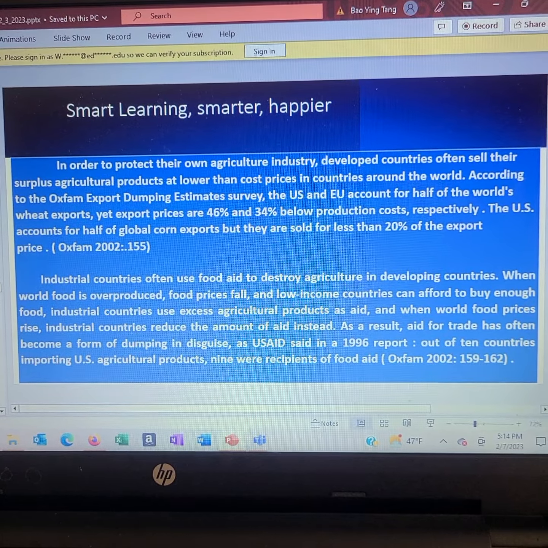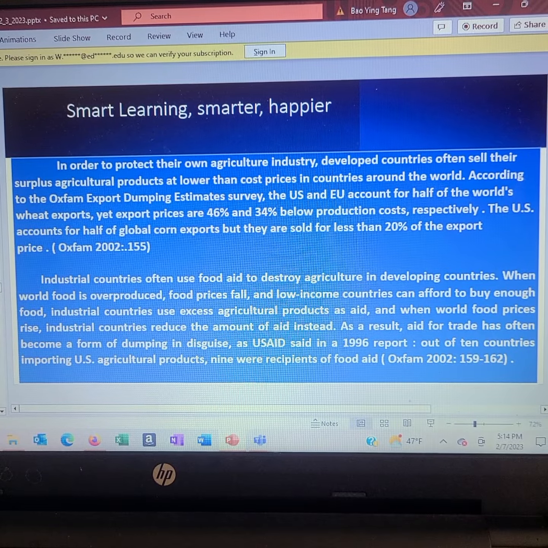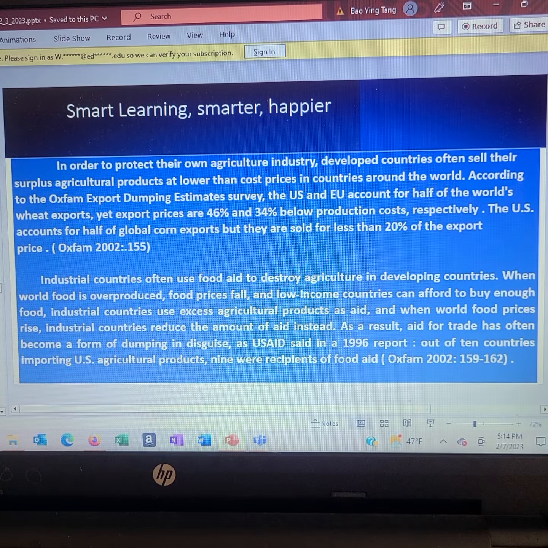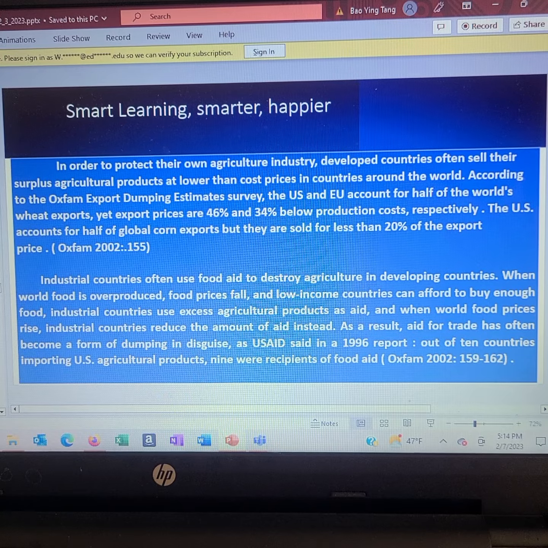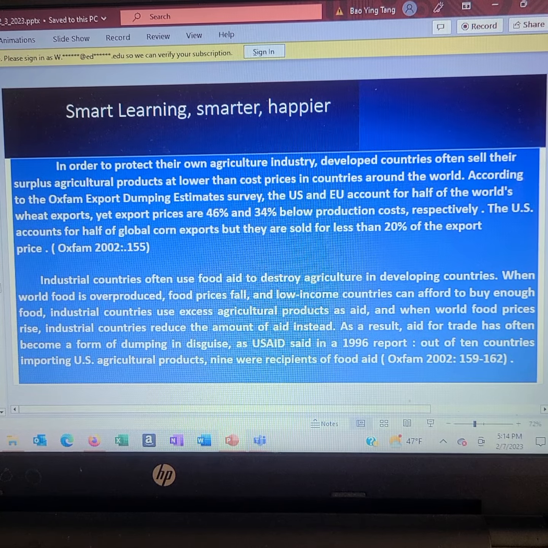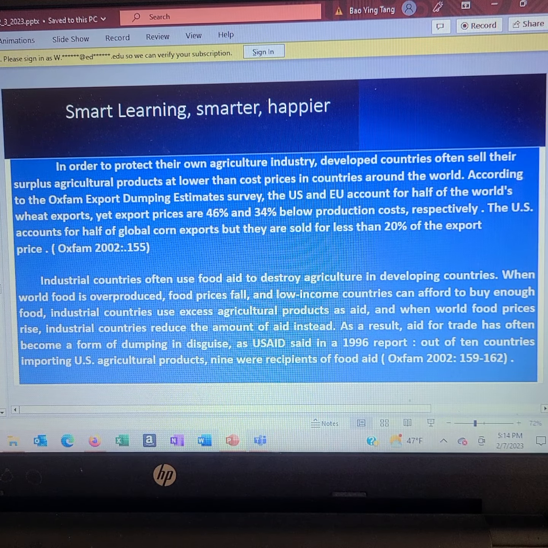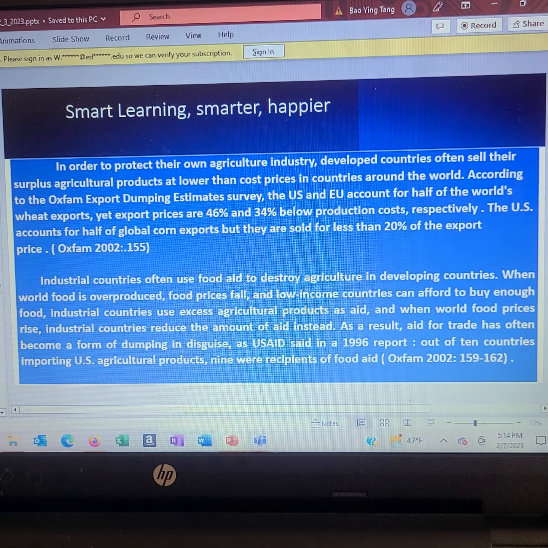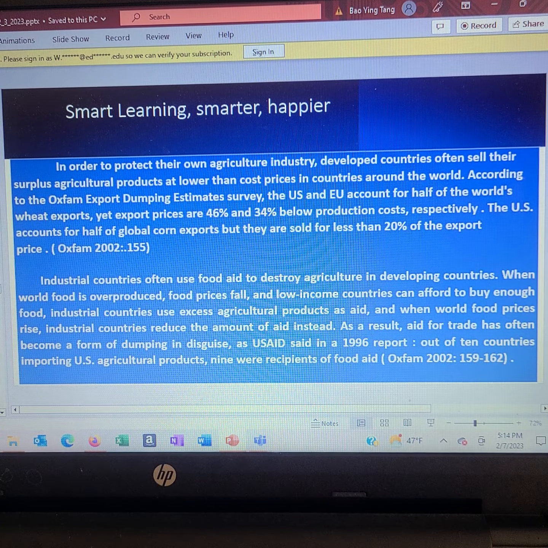In order to protect their own agricultural industry, developed countries often sell their surplus agricultural products at lower than cost price in countries around the world. According to the Oxfam Export Dumping Estimates survey, the US and EU account for half of the world's wheat exports.